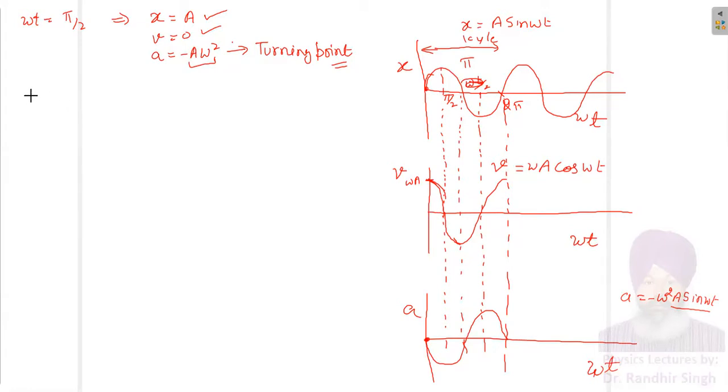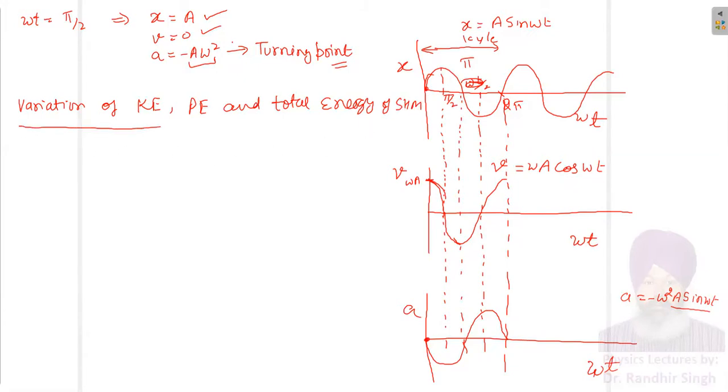So then we have this variation of kinetic energy, potential energy and total energy of SHM, simple harmonic motion. Now we know that we have this answer.